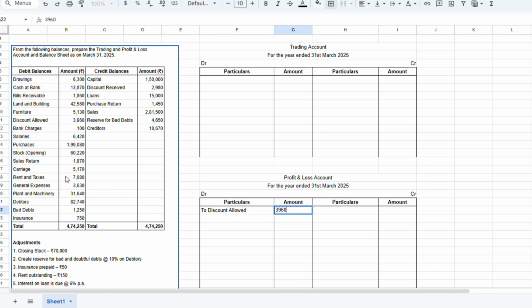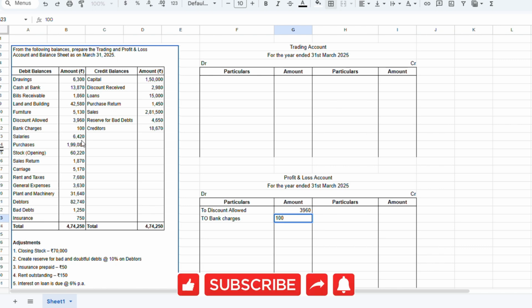Next, bank charges, 100. Bank charges is an expense, so P&L account, bank charges 100. Next, salaries 6,420. Salaries is an expense for the business, so profit and loss account debit side.